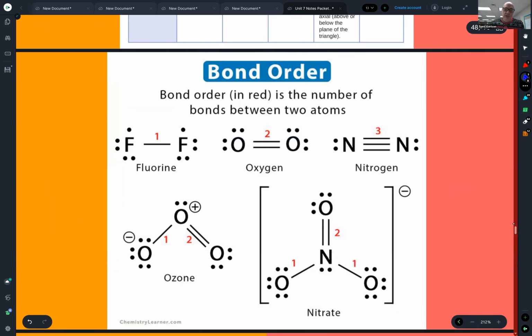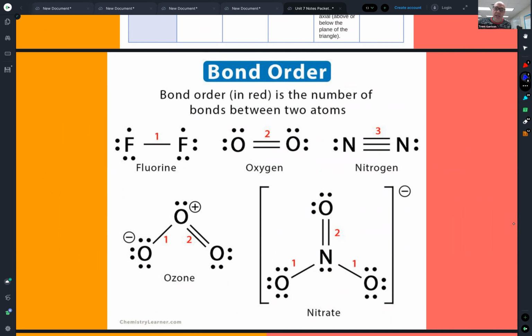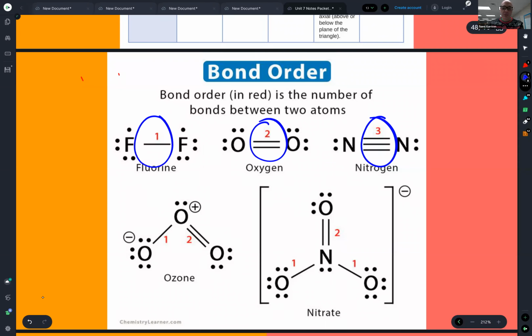All right, now another way in which we can categorize our bonds is by counting their bond order. Bond order simply is the number of bonds. It's that simple. If we have a triple bond, we have a bond order of 3. If we have a double bond, we have a bond order of 2. If we have a single bond, it's a bond order of 1.